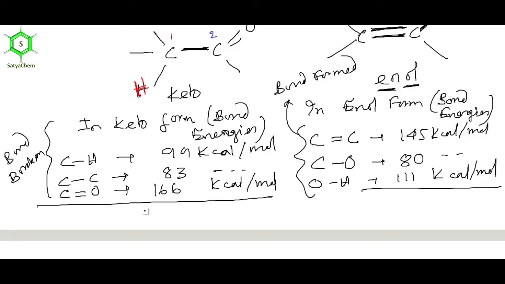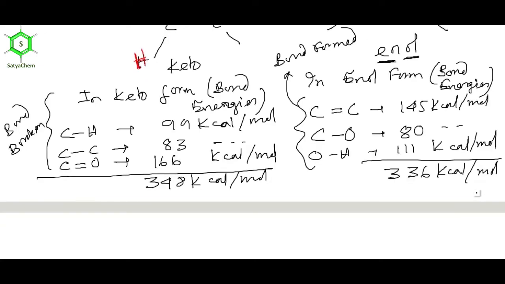So the sum of bonds broken is 348 kilocalorie per mole, and the sum of newly bonds formed in enol form is 336 kilocalorie per mole. Clear? So it is clear that keto form is thermodynamically more stable by 12 kilocalorie per mole.